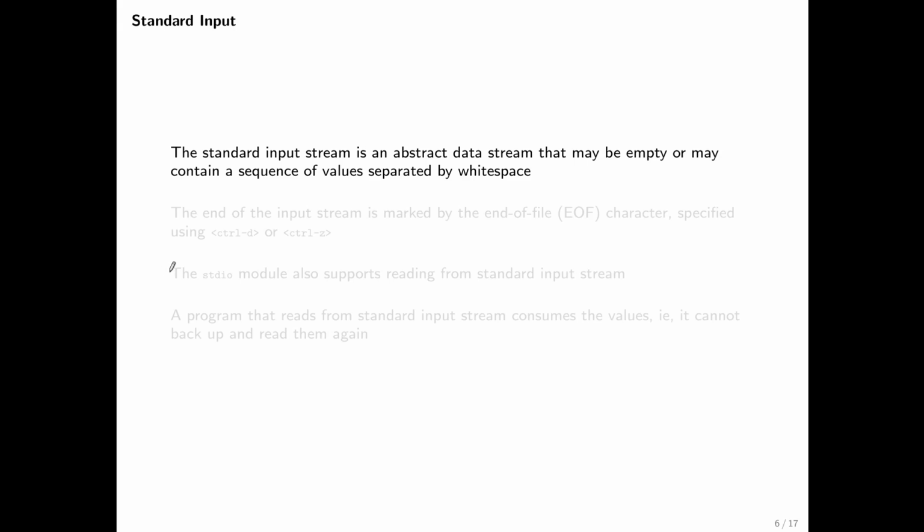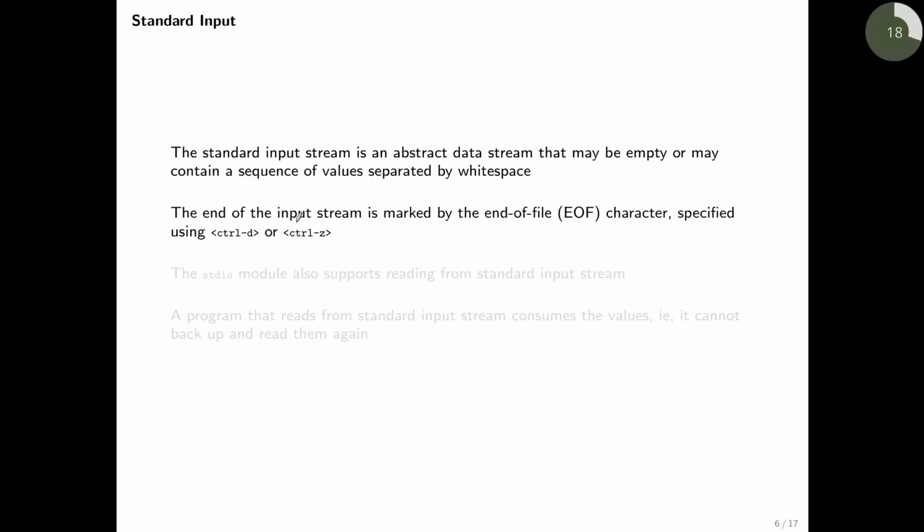So the standard input stream, or standard input, is basically an abstract data stream that can be either empty or it may contain a sequence of values that are separated by white space. And the end of such a stream is marked by what is called the end of file, or EOF, character.